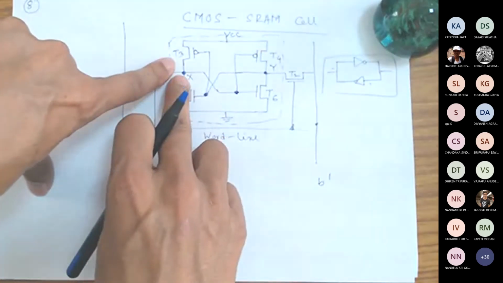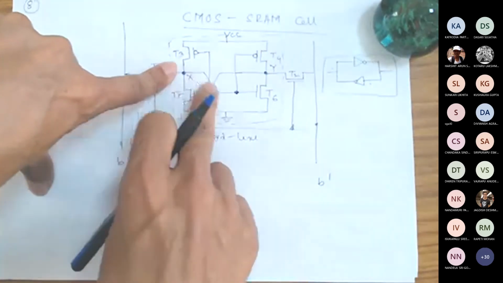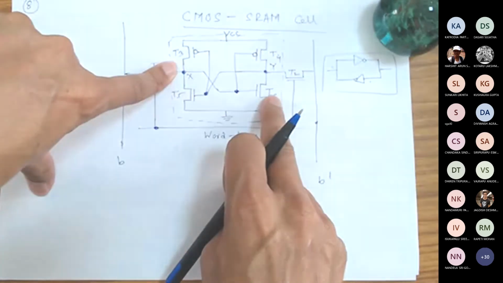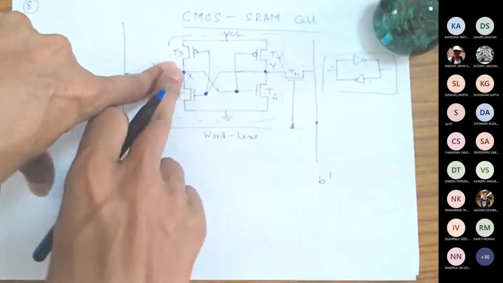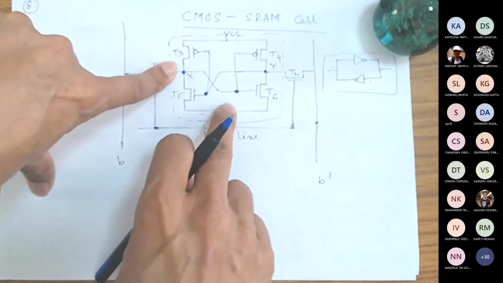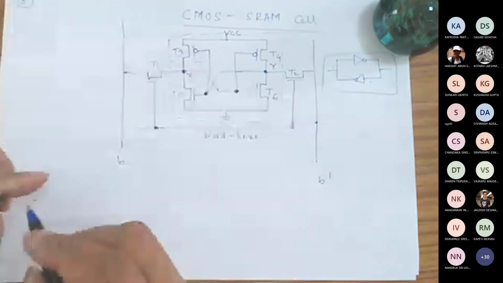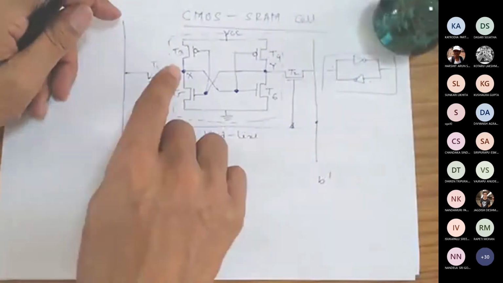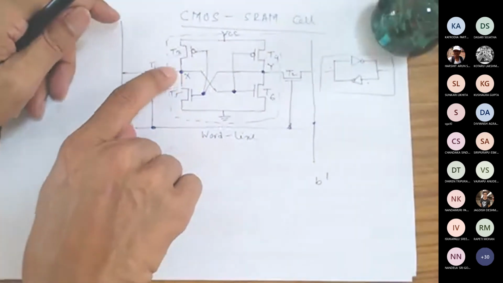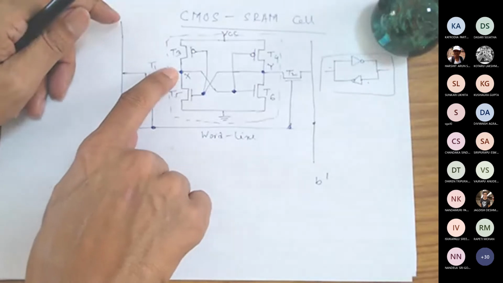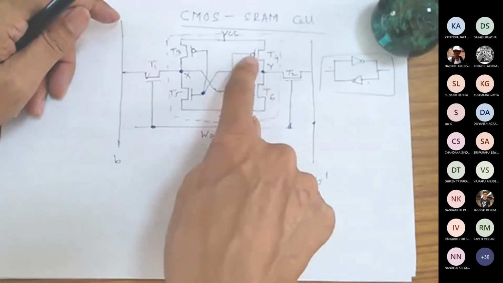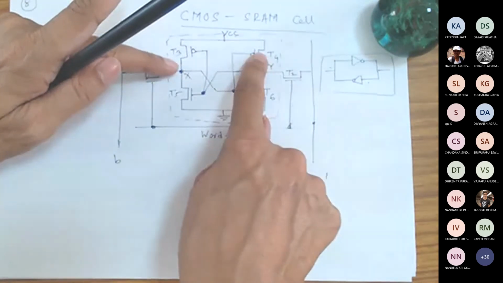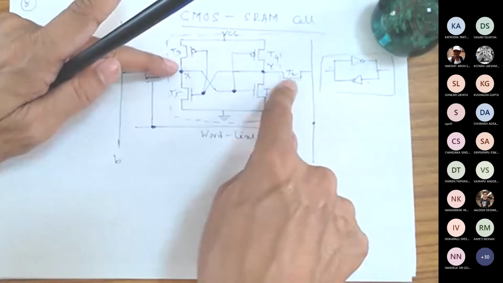Now if you apply 0 here, then this transistor is on. So this VCC appears here. This transistor is off, and this transistor is on. Accordingly it works. When it is 0, you can see that this transistor is on, so the VCC can be observed here itself.